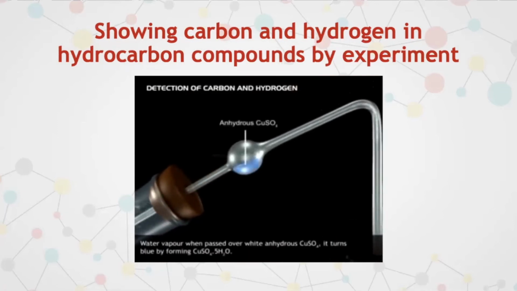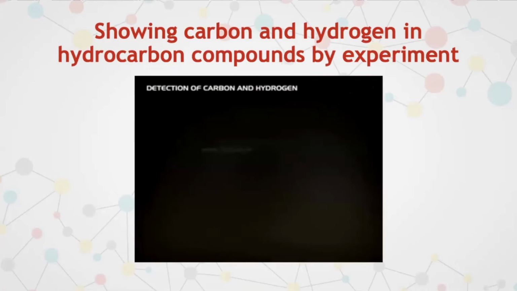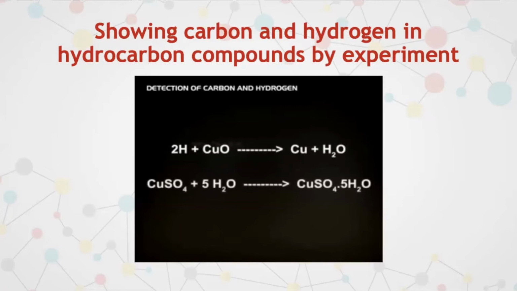Water vapor, when passed over white anhydrous CuSO4, turns it blue by forming CuSO4·5H2O. The reactions involved in this process are 2H plus CuO gives Cu plus H2O. CuSO4 plus 5H2O gives CuSO4·5H2O.